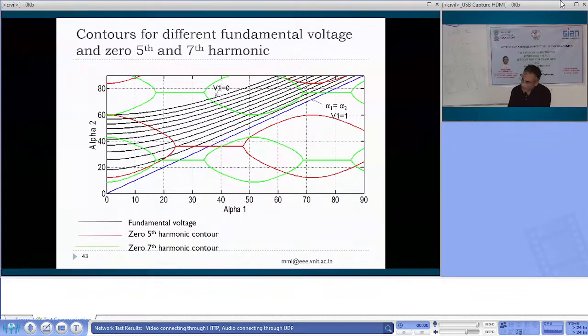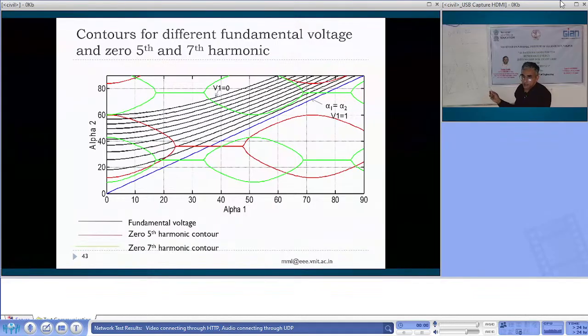So if you apply alpha 1 and alpha 2, this is your alpha 1 and alpha 2. The black lines that you see are contours for your fundamental voltage, which varies from 0 to 1. If you want the fundamental voltage at somewhere here and you eliminate the 5th harmonic, you have to have your alpha 1 this and alpha 2 this.